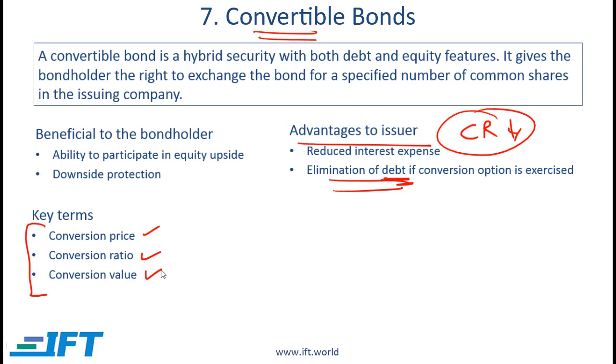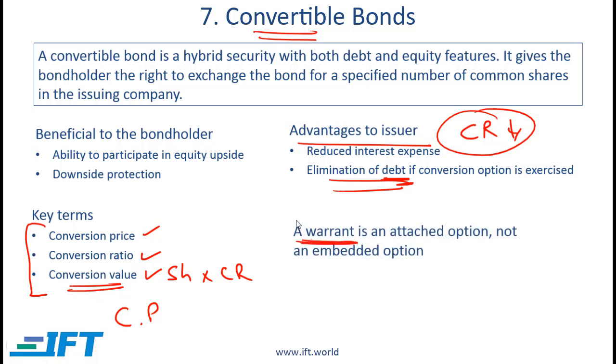The conversion value is the current share price multiplied by the conversion ratio. We also have a term called the conversion premium, which is the difference between the convertible bond's market price and the conversion value. We have conversion parity if the conversion value is equal to the convertible bond's price.